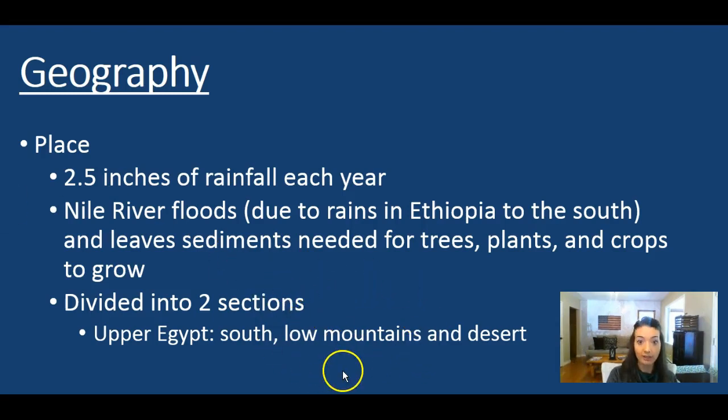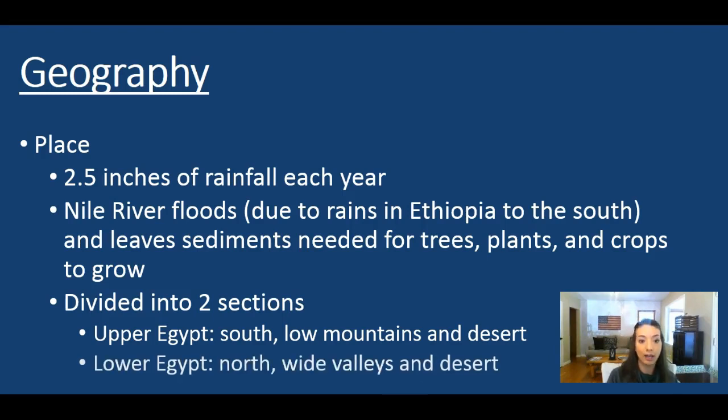So there are actually some mountains and there's desert, but this allows the Nile to flow down to the actual Sahara Desert and then out to the Mediterranean, okay? And then the closer that we get to the Mediterranean, this is called Lower Egypt. And so this is in northern Egypt. And again, lots of desert with wide valleys, lots of sand, lots of sun.